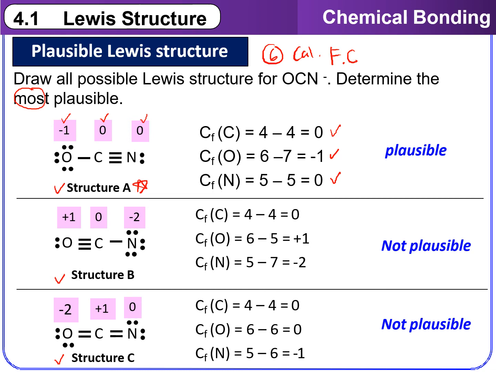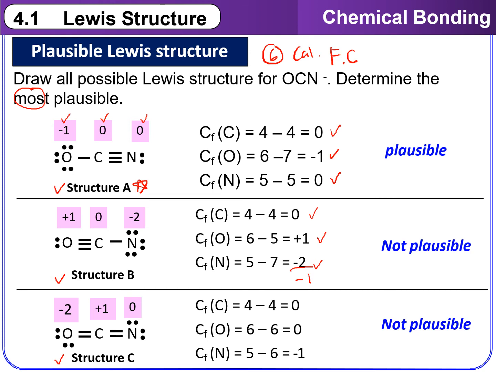Okay, proceed with the calculation of formal charge in structure B. In this case, carbon still has formal charge 0, but oxygen +1, nitrogen -2. When we total up, we get 0 plus 1 minus 2, so the total charge is -1.